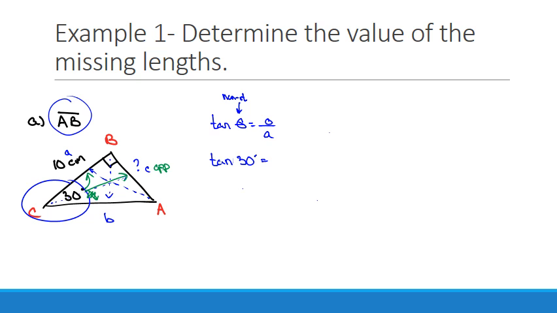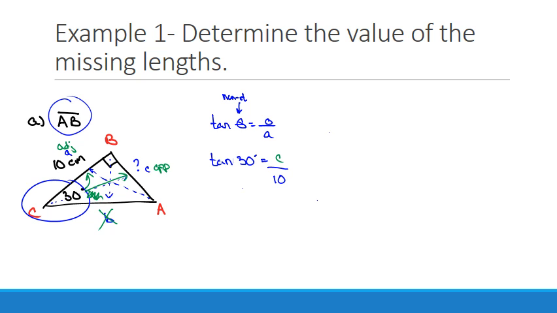Well, it can't be this one because that is your hypotenuse. So this would be my adjacent leg up here. Remember, we're never going to choose a hypotenuse when we're looking for a leg. Based on that, I don't know the size of my opposite, so I'll leave that as C. I could also have written that as AB, whatever I want to do. But the adjacent I do know is 10.